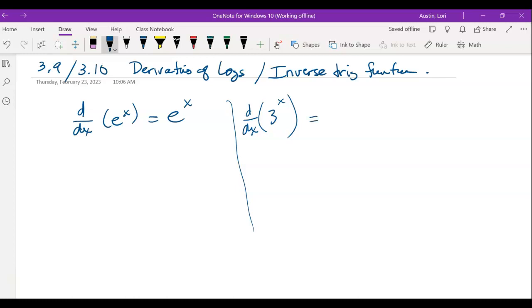So yes, it is true. It starts off 3 to the x. But then you're going to multiply it by the natural log of 3.